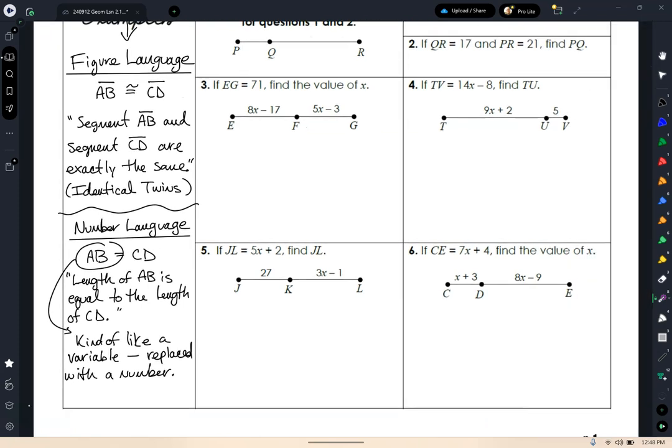Now, it kind of depends on what math class you're in and how much of a stickler figure language versus number language is. If there are certain proofs, things that you have to write out, evidence for things, like on IXL is an example of one of them, if you don't use the right reason to switch between figure language and number language, do your work and then switch from number language back to figure language, you will actually get that question wrong.